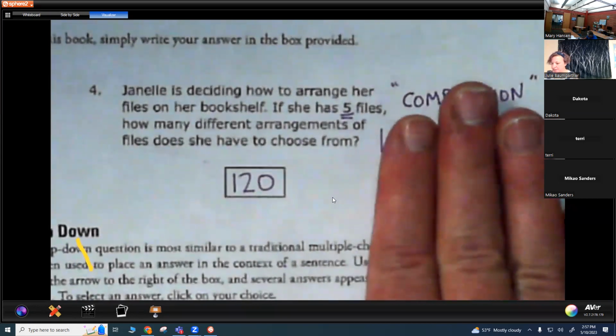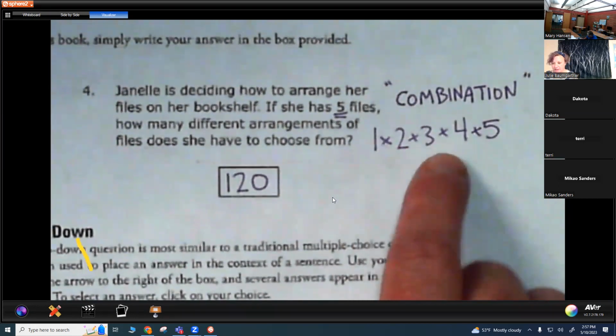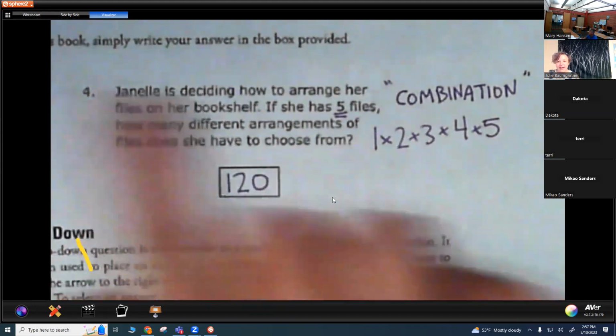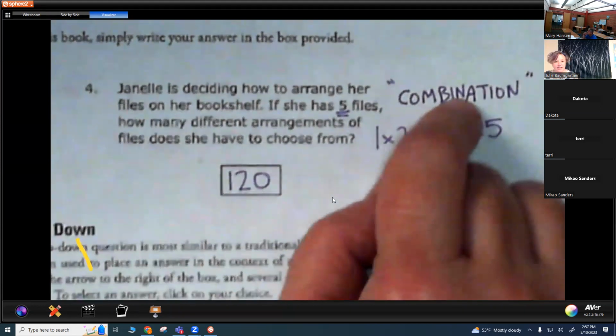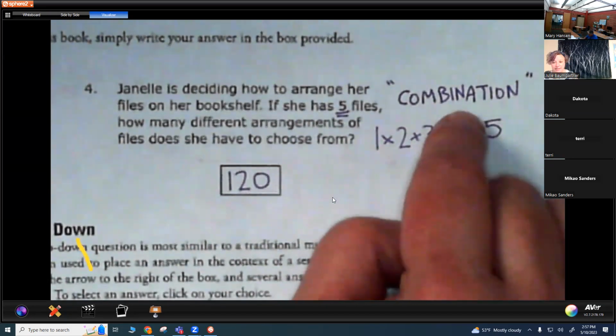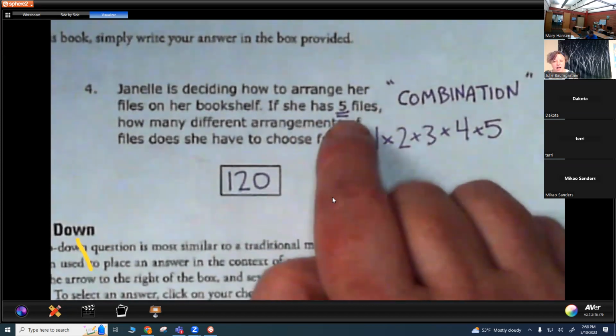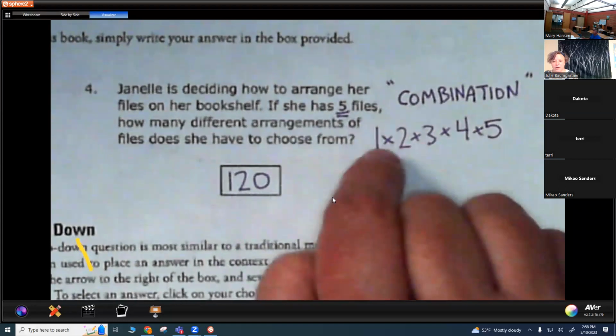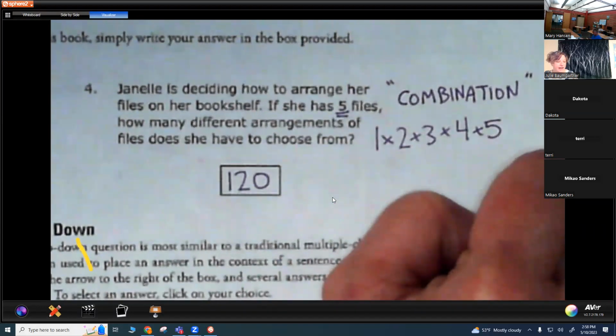So if you see any problems like this where it's asking how many possible combinations or arrangements there are, figure out how many things you have, and then basically multiply all of the pieces out.